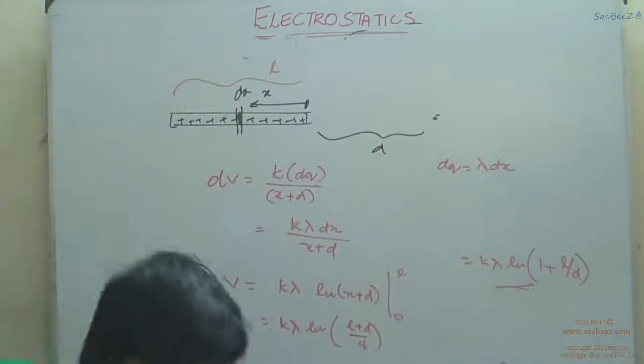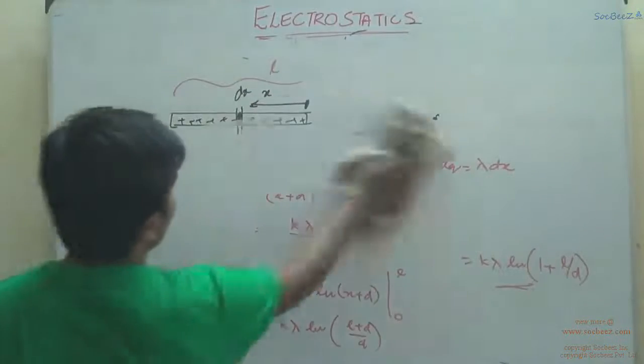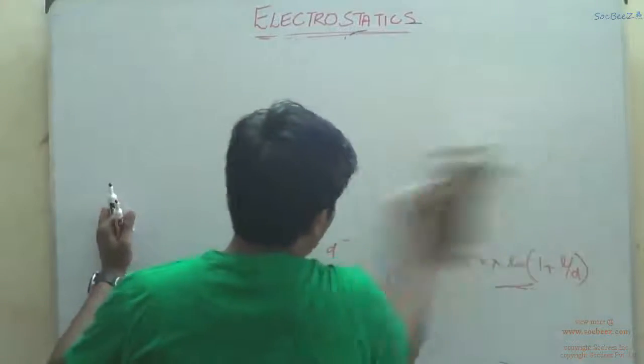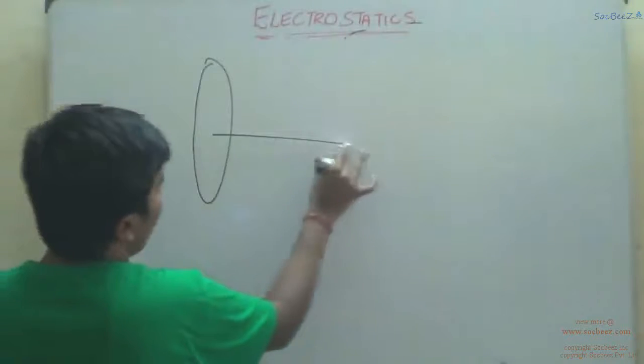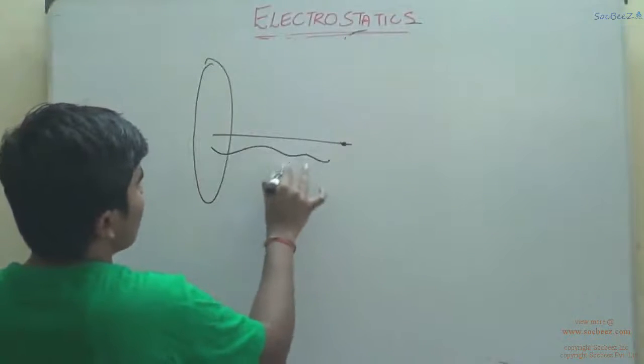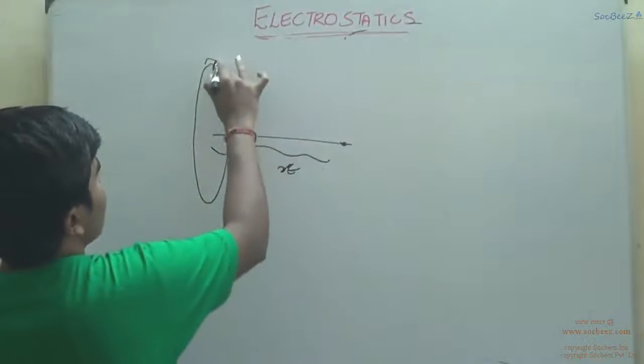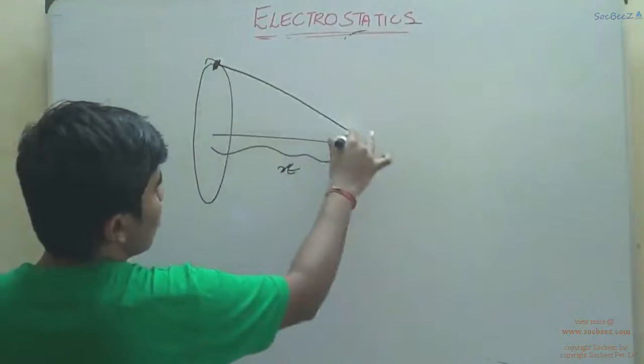Okay. Now we find out the electric potential at a distance x from the charged ring.